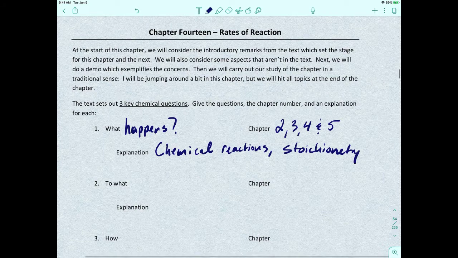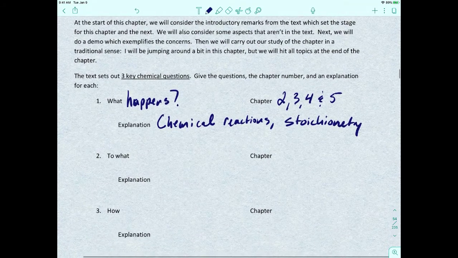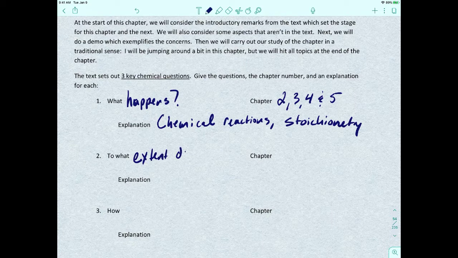Now, the next question is, to what extent does the process happen? To answer this question, this is what we're going to be looking at in the next group of chapters.